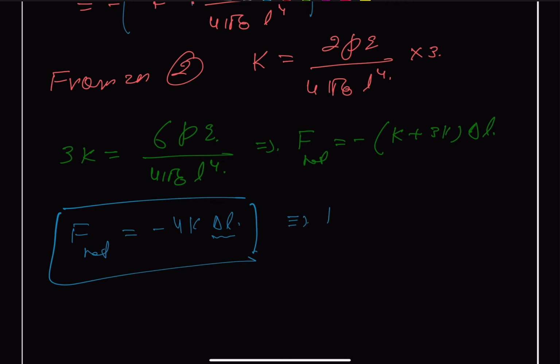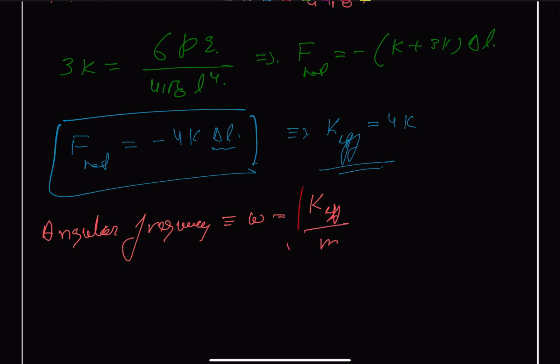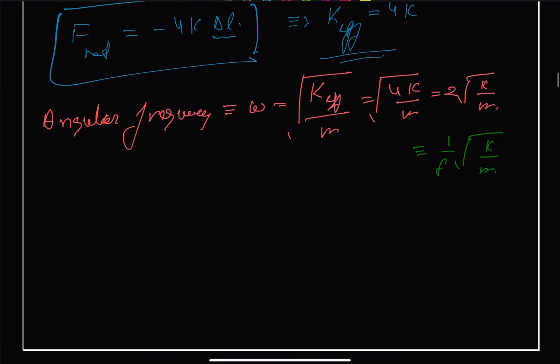So from here we can say our K effective will be equal to 4 times K. Therefore, we can write our angular frequency, that is our omega, is equal to the square root of K effective divided by M. So we can write this as the square root of 4K upon M, which comes as 2 square root of K upon M. But we are given that our frequency is 1 upon lambda square root of K upon M. So if we make a one-to-one comparison, we can say our lambda is equal to 1 upon 2.